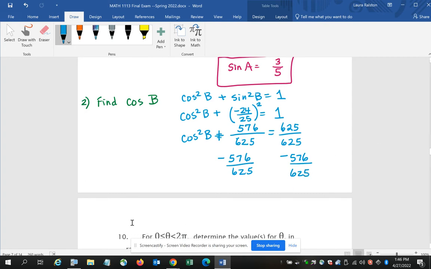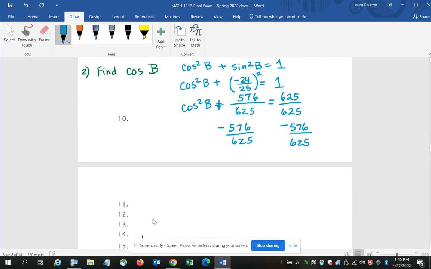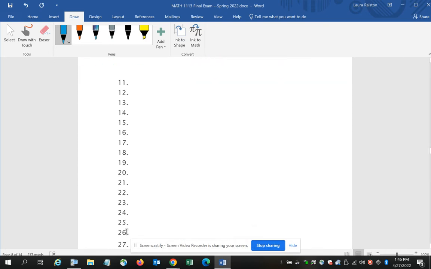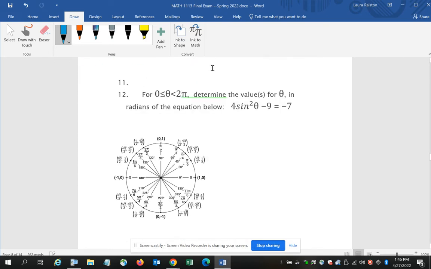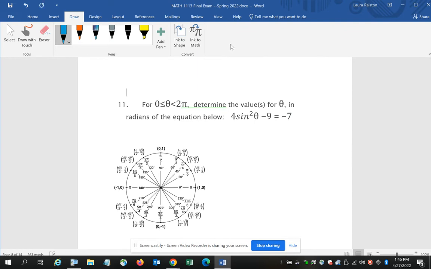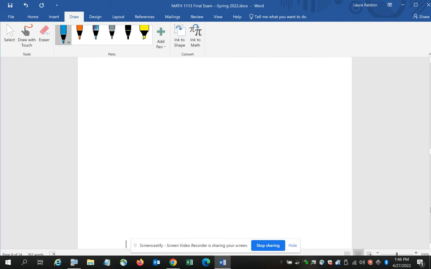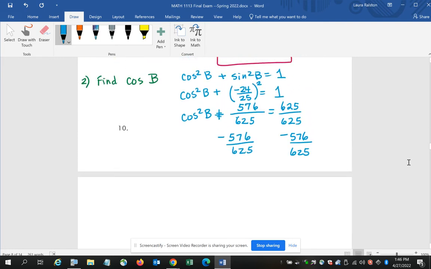Okay, let me see if I can get some more space here. So we have cosine squared B equals 625 minus 576 is 49. So I got 49 over 625.